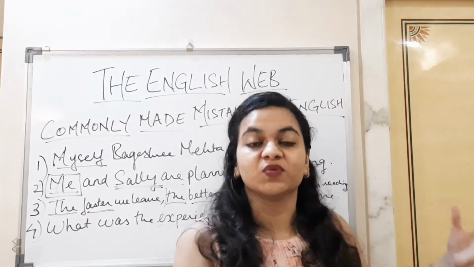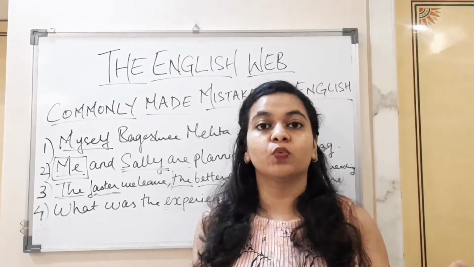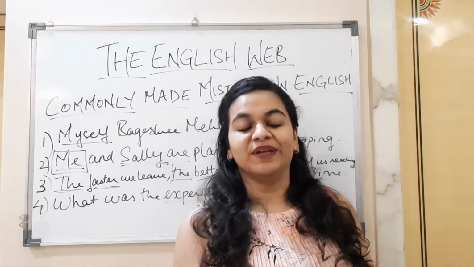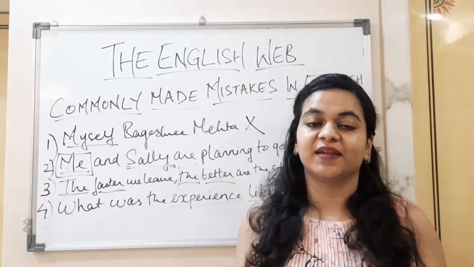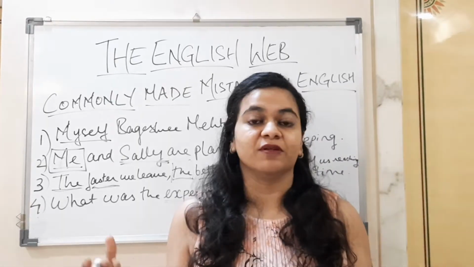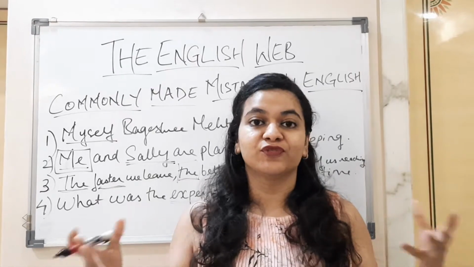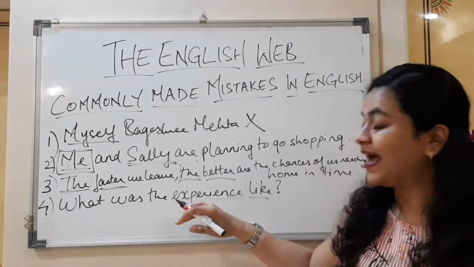You have an answer, it was blue. But something like, what was the experience like? Or what did the moment feel like? You cannot just say, what was the moment? You always have your own opinion when it comes to answering a question like this. For example, two people going for a trek may have different views of the scenery, and their experiences would be different. So you cannot have a definite answer.